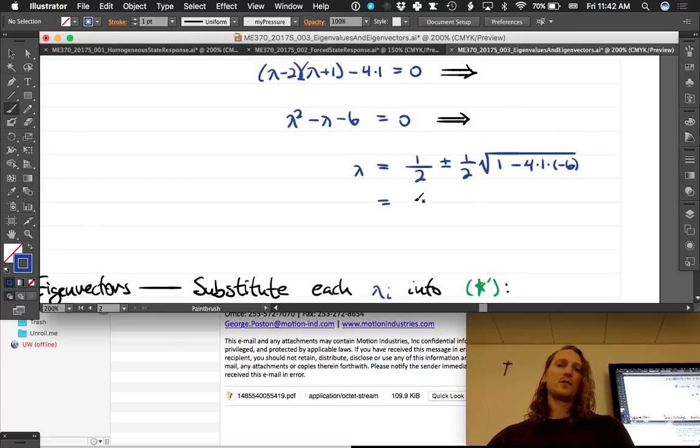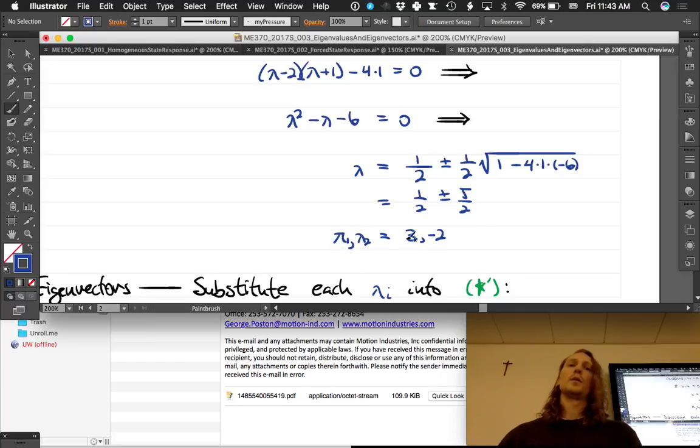And so this is 1/2 plus or minus the square root of 25, so that's 5/2, which gives 3 and negative 2. So I'm going to write lambda 1, lambda 2 is equal to 3, negative 2.